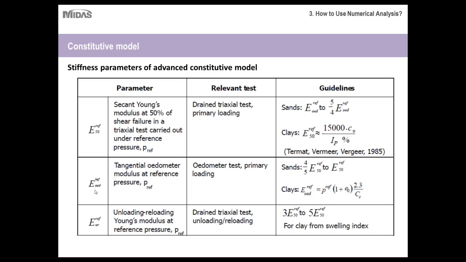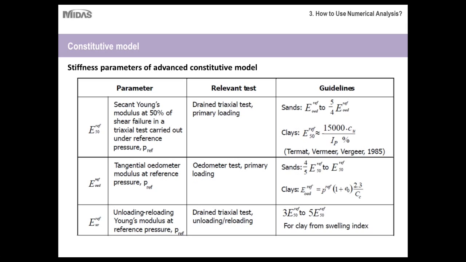Then there is EOED, which is the tangential oedometer modulus at reference pressure. For this we have to perform an oedometer test, primary loading. Then we have EUR, which is the unloading and reloading Young's modulus, again at reference pressure. There are different guidelines when you're dealing with different soil types; you should use different types of Young's modulus.